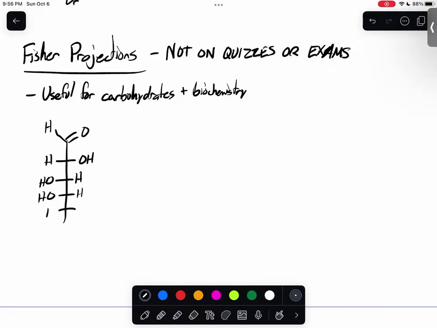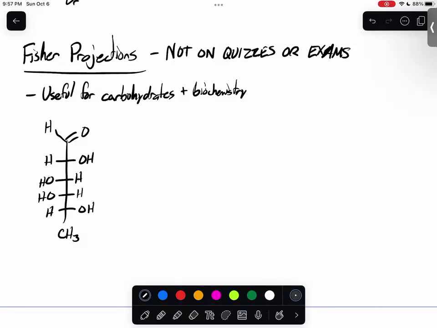So, what this is actually showing is essentially it's saying that the things on the actual spine itself, going up and down, those are going sort of into the page, versus the things on the outside are kind of coming out towards you, right?